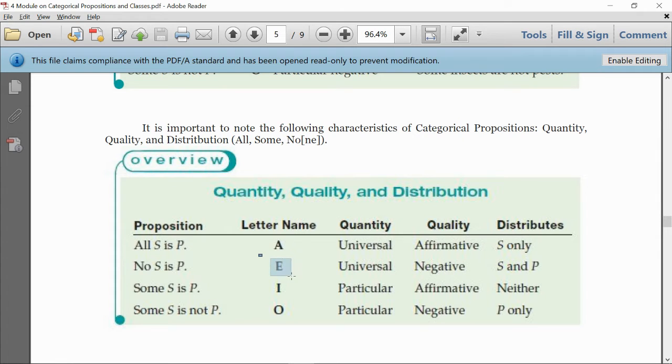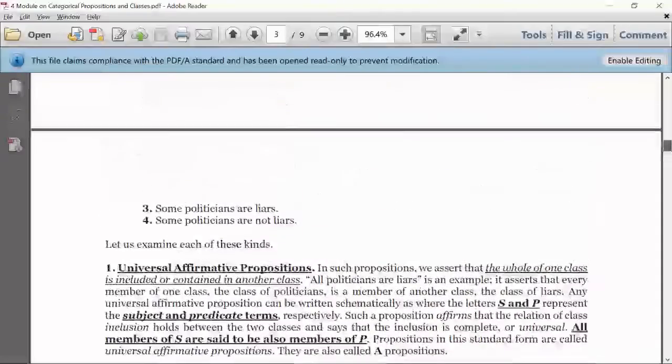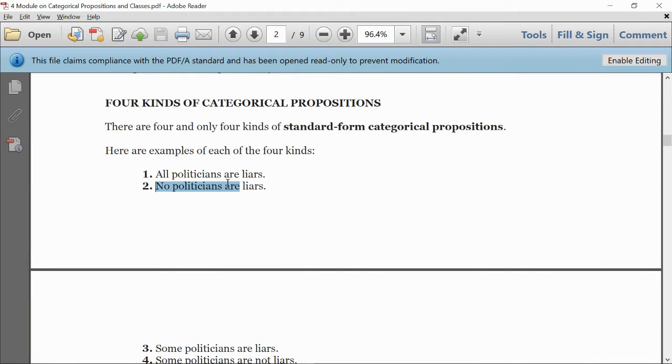In proposition E, both the subject class and predicate class have the distribution. Let's go back to the example. No politicians are liars would indicate that all members of the class of politicians are excluded from all members of the class of liars.